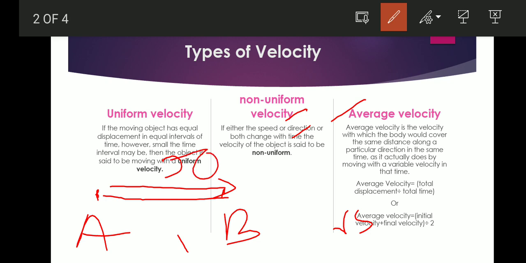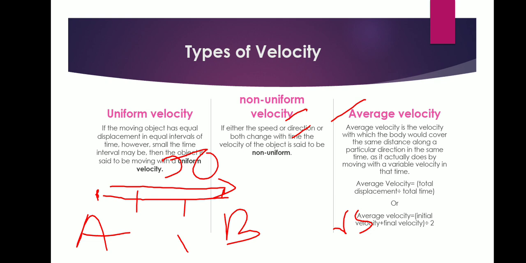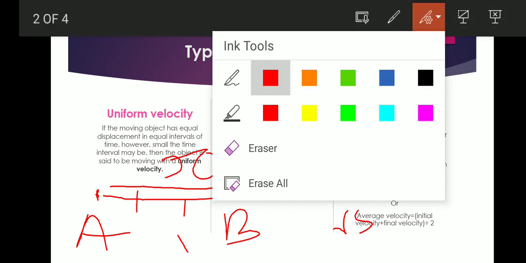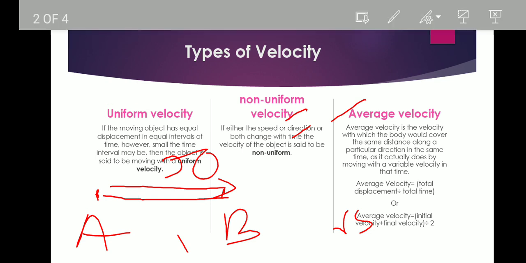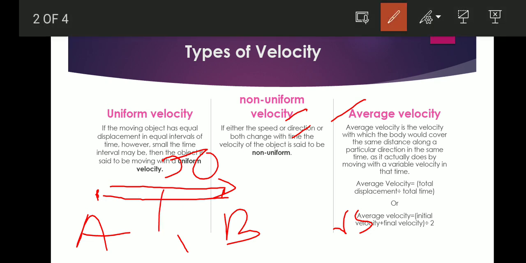Then this 50 kilometers is divided into, let's say, 25 and 25. This path is 25 and this path also 25.